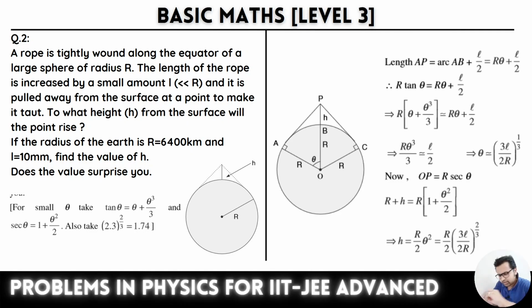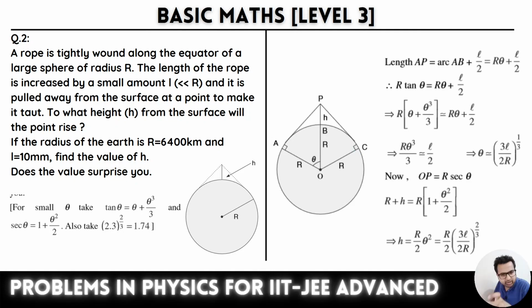Very deep observation. We have a length AC. We are observing from the midpoint. When we increase the length by L, this AB segment will get L by 2 increase, and this BC segment will also get L by 2 increase.